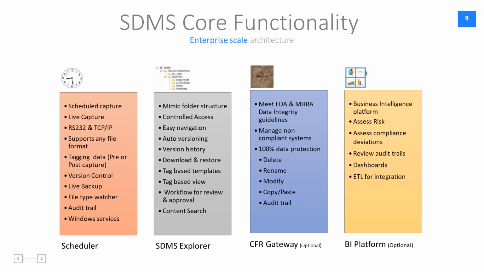Live backup is a very advanced feature of Logilab SDMS where, as and when data is being generated, the system will upload the data to the server. There is a file type watcher, which is a unique feature where you will be able to watch unique file types. Let's say you want to watch Excel files.